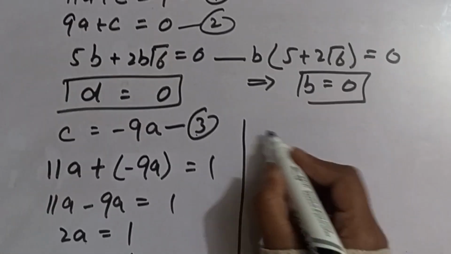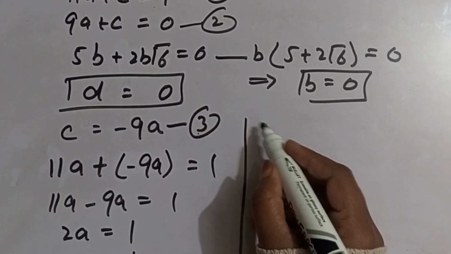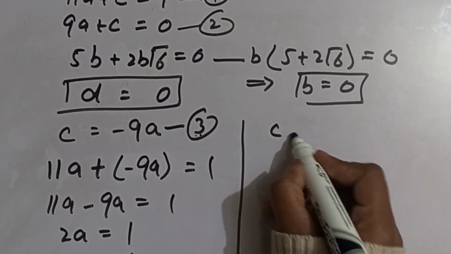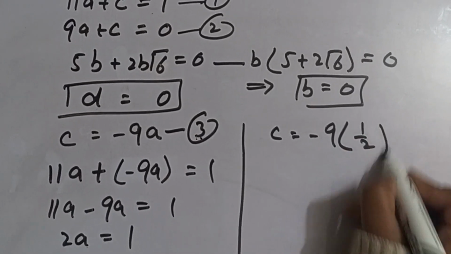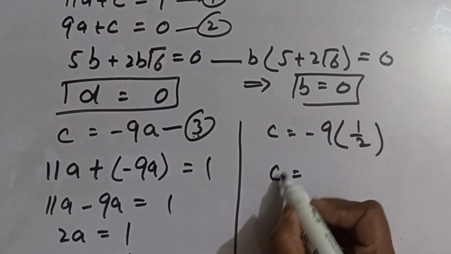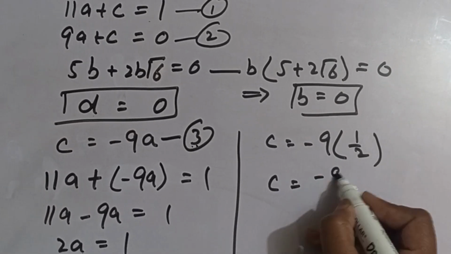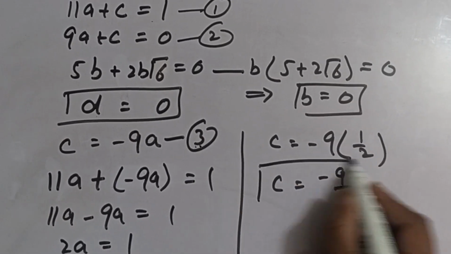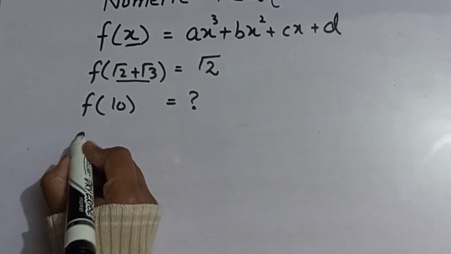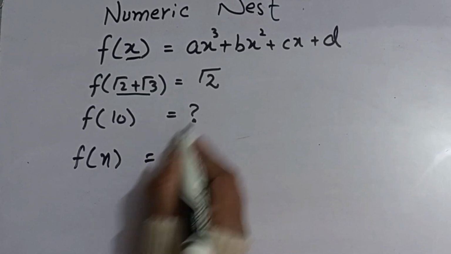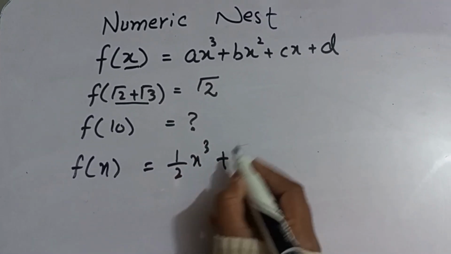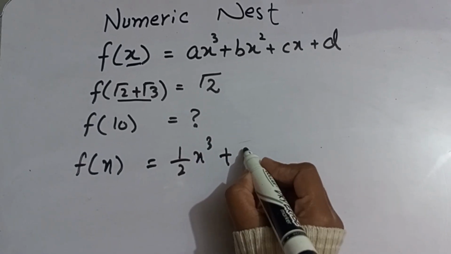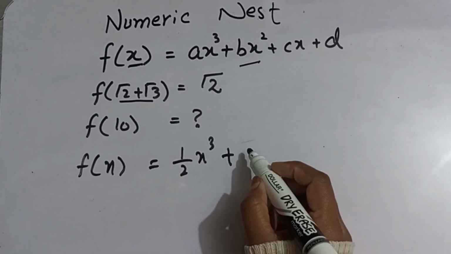So now we find the value of c. For this we use equation number 3, c is equal to minus 9a, and a is equal to 1 over 2. So if we simplify, then we get c is equal to minus 9 over 2. So this is the value of c. So f of x is equal to a, which is 1 over 2, x cube plus b, which is 0, so this whole term is 0.